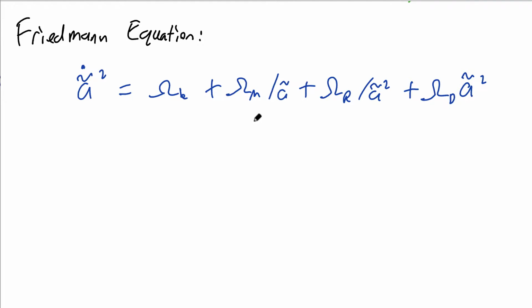Now these constants omega m, omega r, and omega d are just proportional to the present day values of the energy density of matter, radiation, and dark energy.